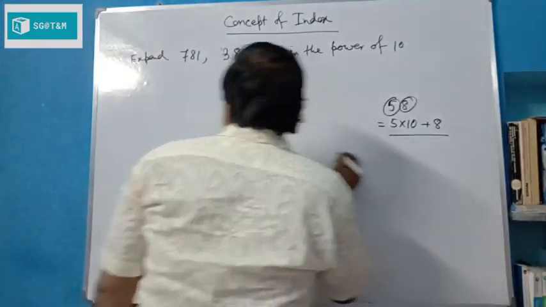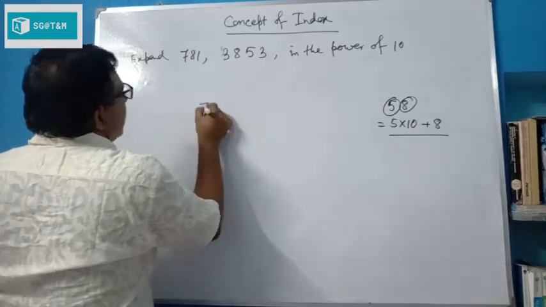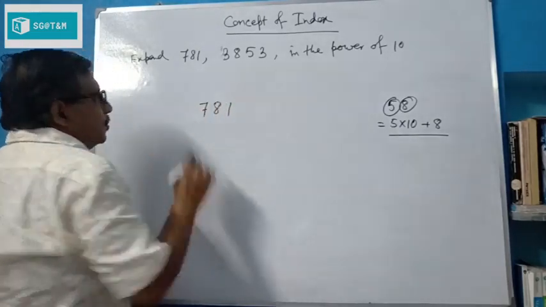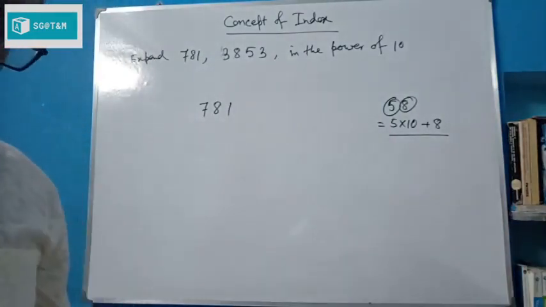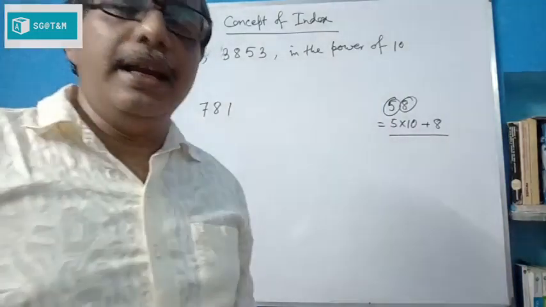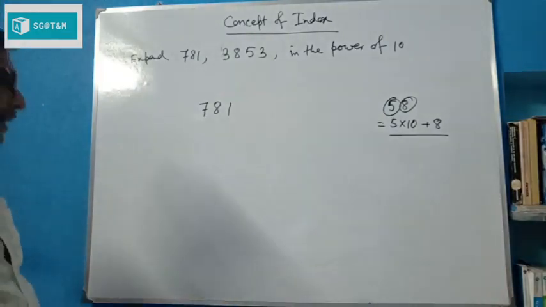Now if it is given 781, 3 places are given. Unit place is 1, tens place is 8 and hundreds place is 7.